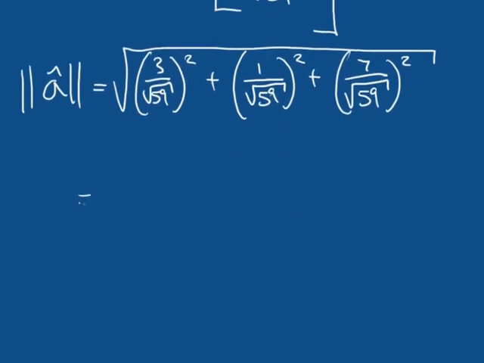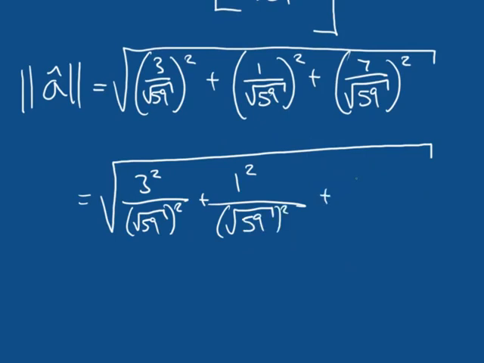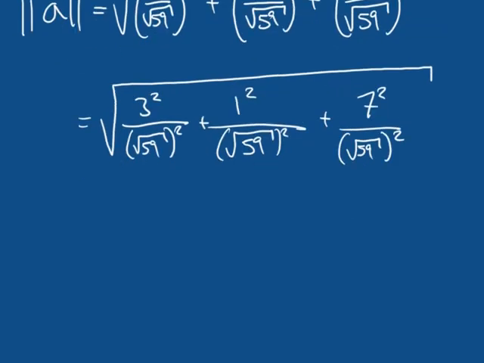So this is going to be equal to the square root of, and again we saw this with the 2D case, 3 squared over the root of 59 squared plus 1 squared over the root of 59 squared plus 7 squared over the root of 59 squared, which is equal to the square root of 3 squared is 9 over the square root of 59 then squared.